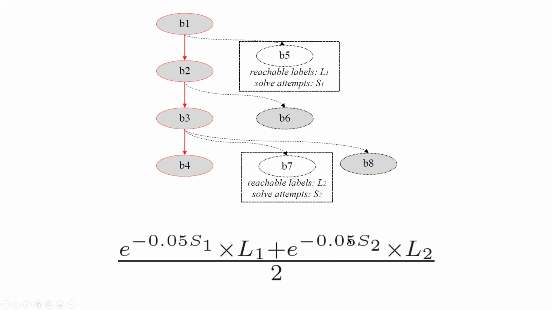Another thing to take note of is that if the solve attempt count is very high, then the weight for that branch will be lower. If S is very large, it means that this branch is unexplorable, so the importance score will decrease.